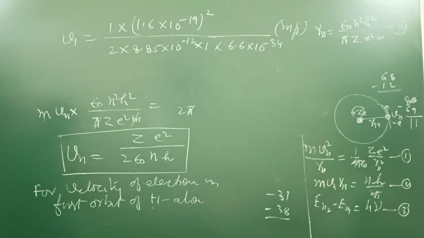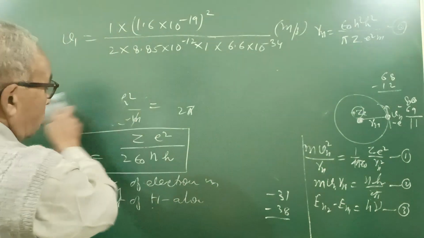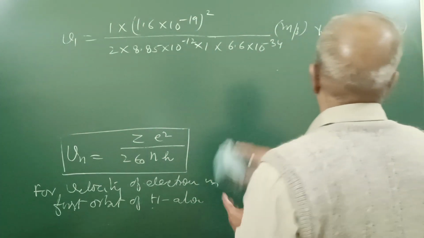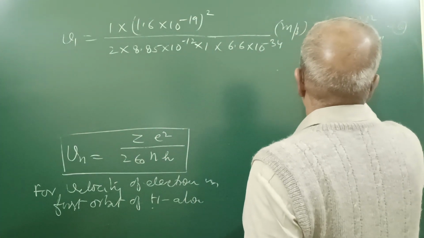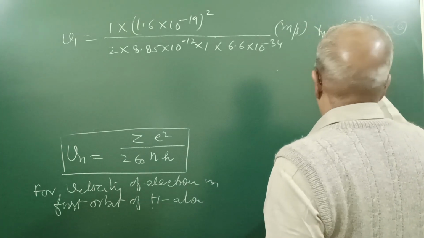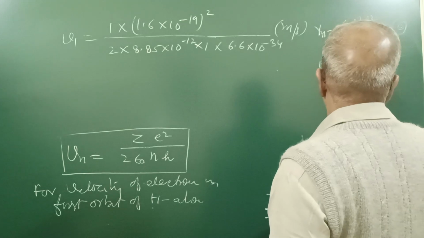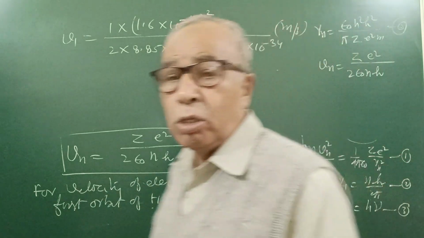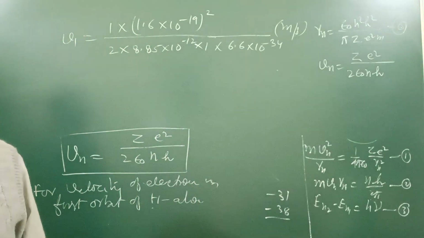So how to solve this? I am writing here velocity Vn is equal to Z e square upon 2 epsilon 0 n h. Velocity is inversely proportional to the number of orbit.